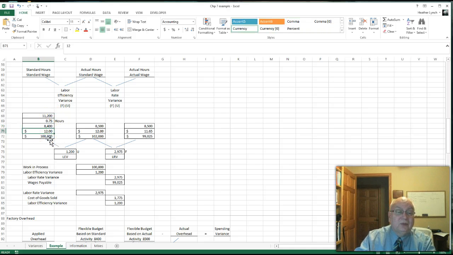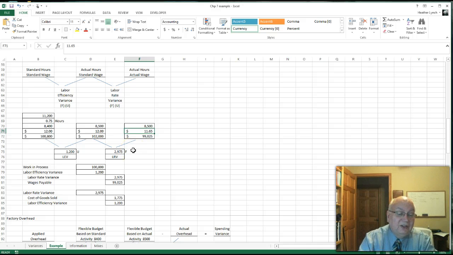Times our standard wage of $12 gives us 100,800. 8,500 is the actual hours you worked. $12 is our standard for 102,000, for a labor efficiency variance of $1,200. The rate variance is the 8,500 times the 11.65 for 99,025, and the difference between those two is 2,975. Basically, we said we were going to pay them $12, but we only paid them $11.65.